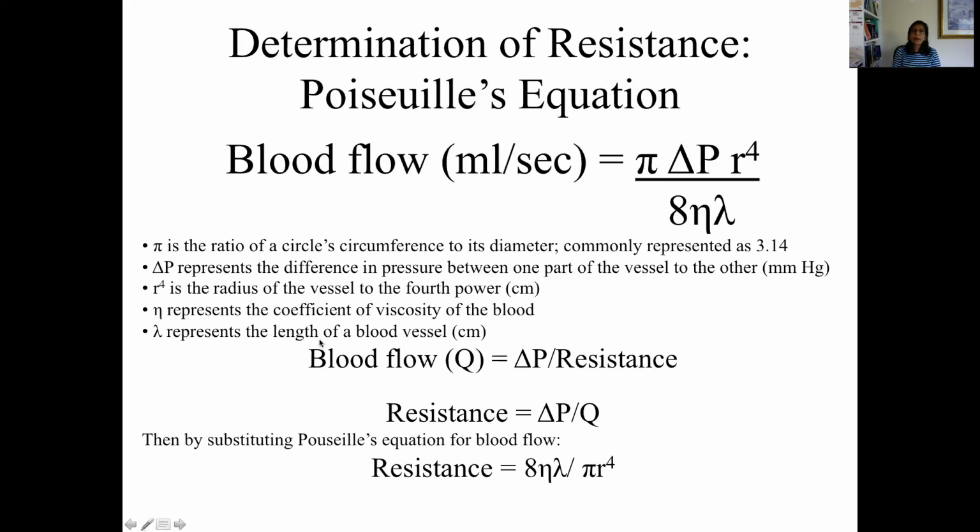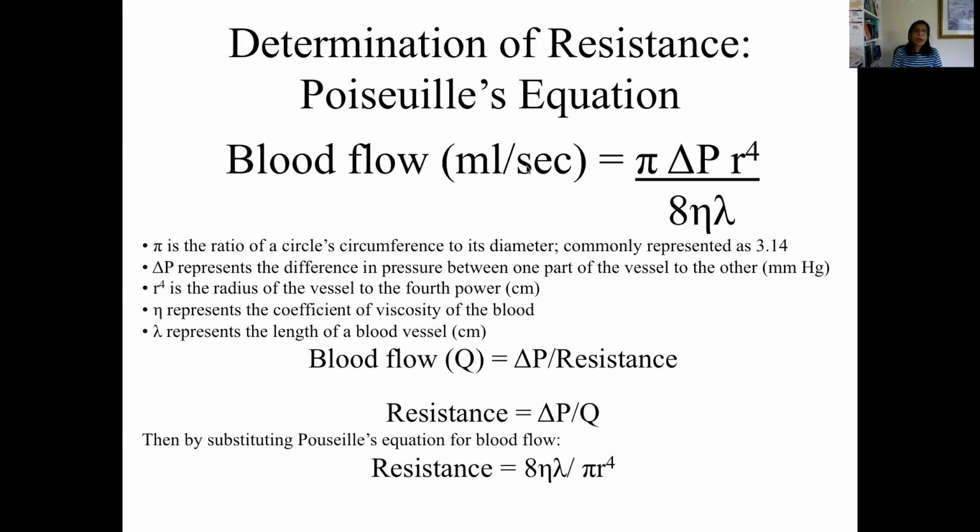Now, determining resistance, how much resistance there is in a blood vessel, is explained by Poiseuille's equation. A French scientist, Poiseuille, related the velocity, the radius, pressure, resistance, viscosity, all of that, the length of the vessel and so on.